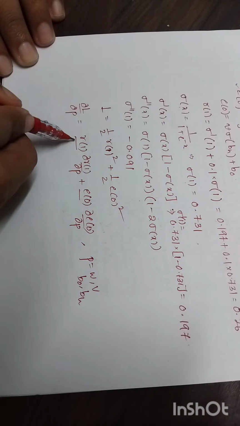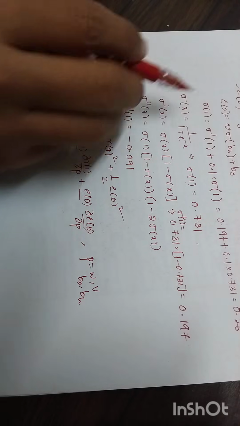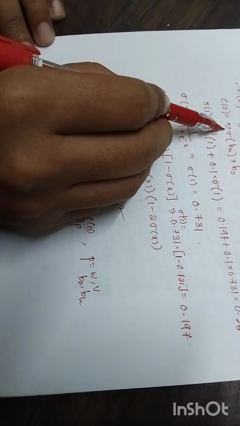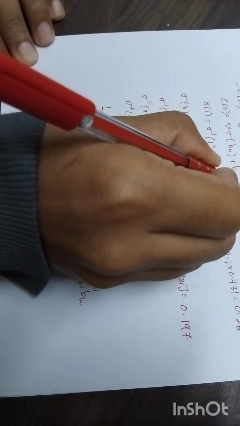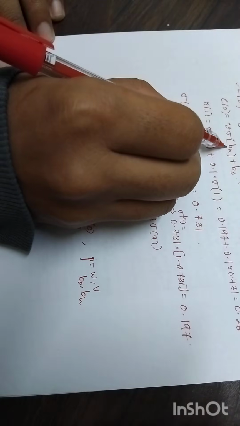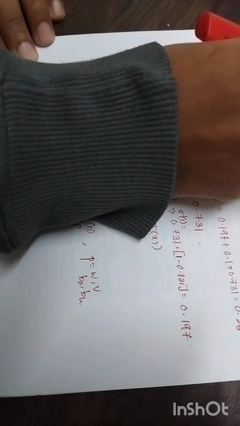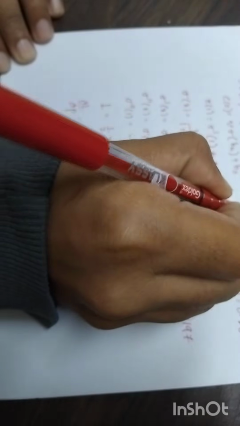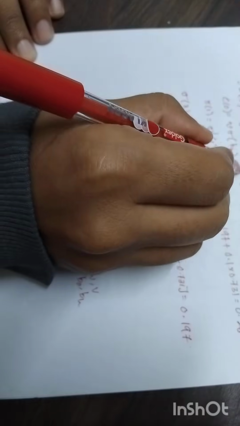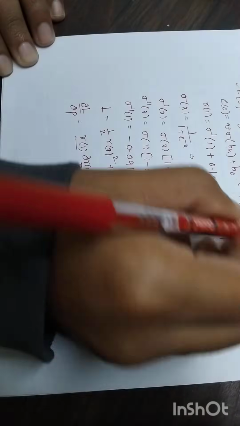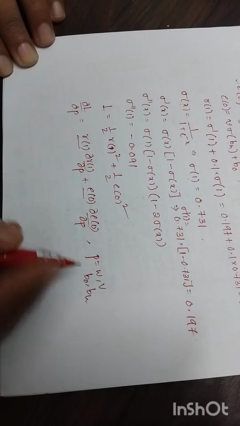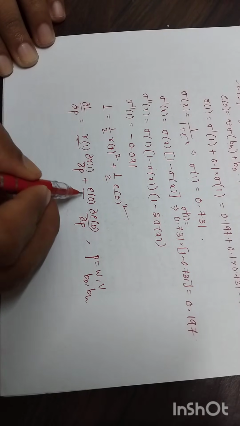Then e of 0 is how much? We just have to substitute the h value, which is given as 0, so it would be simply sigma of 0, since b0 is also 0 and v is 1. Sigma of 0 would be 0.5. So now we have the r of 1 value and the e of 0 value.